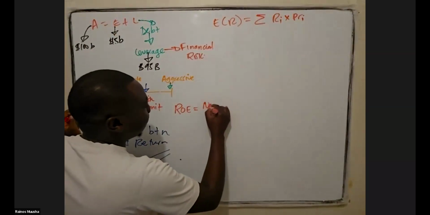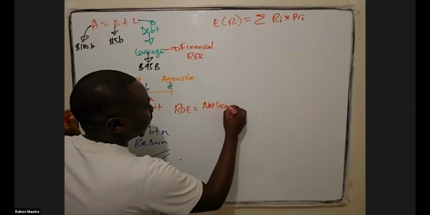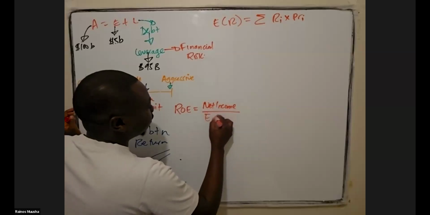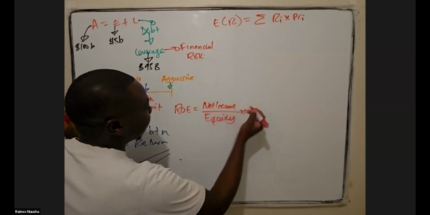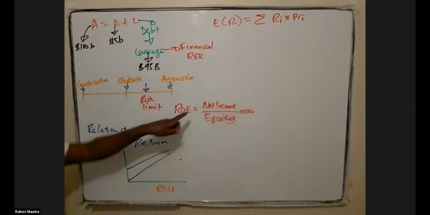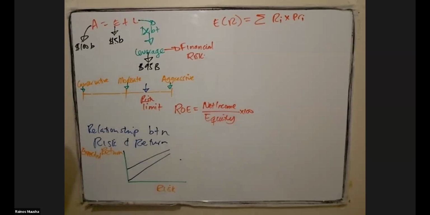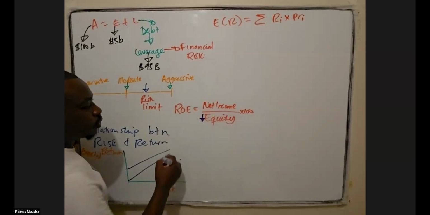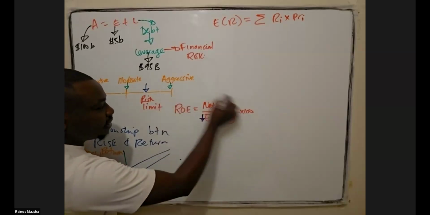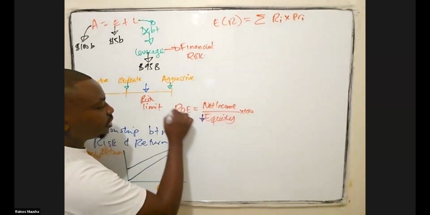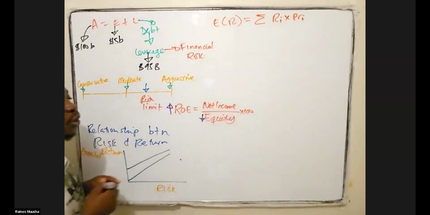It's your net income divided by the value of equity. That's your return on equity. And usually you multiply that by 100 to make it a percentage. So what would that mean? If the equity value goes down, what would it mean on the overall return on equity? You're expecting the return on equity to go up.